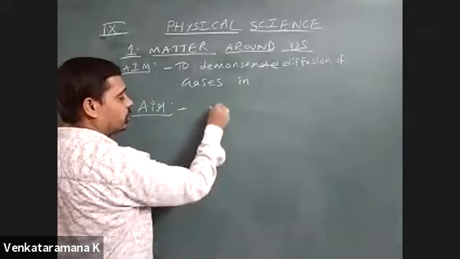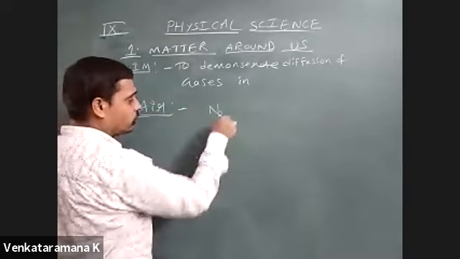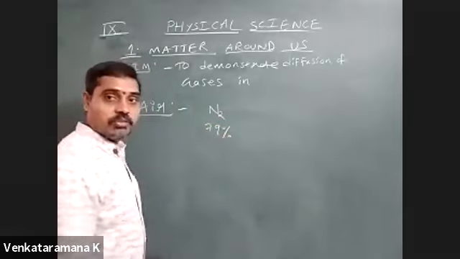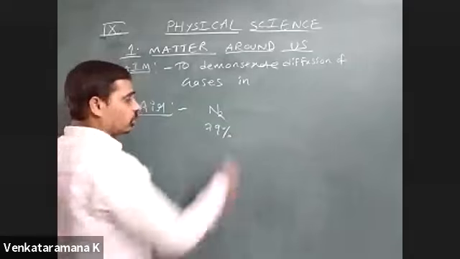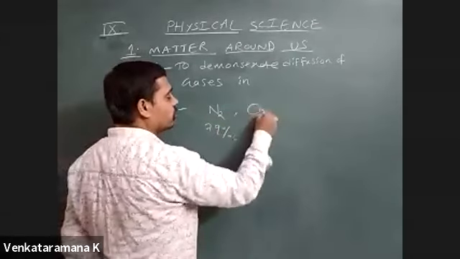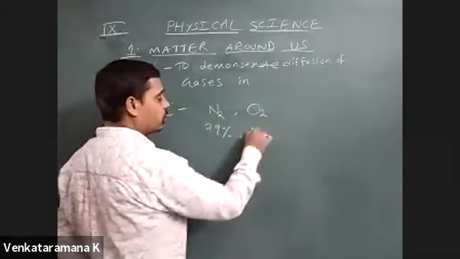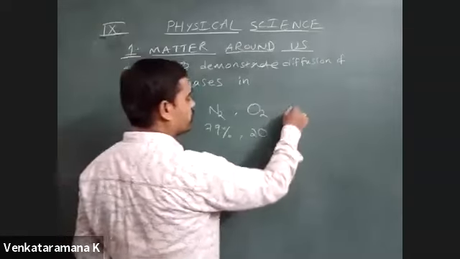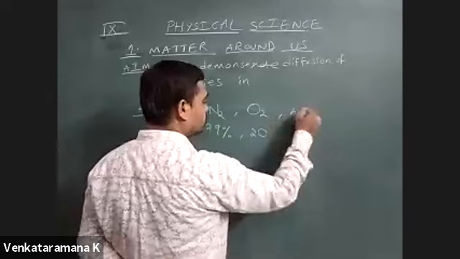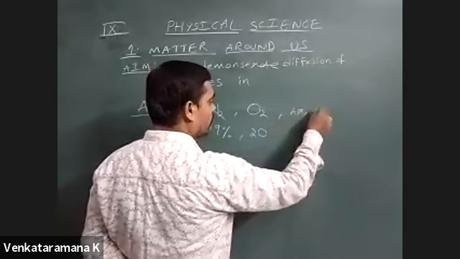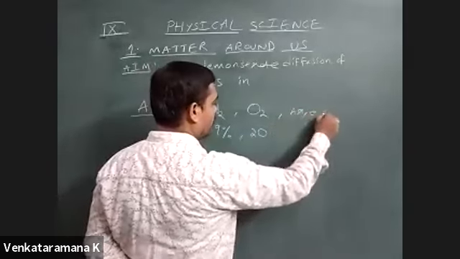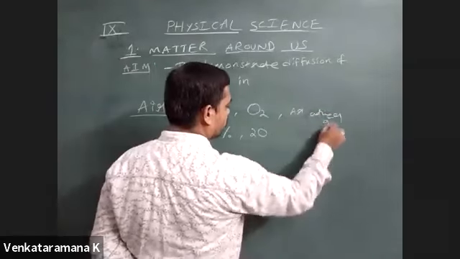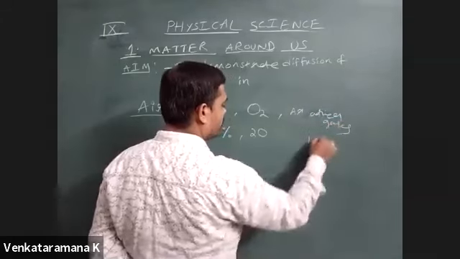we have mainly nitrogen gas, N2. Up to 79% of the air is filled with nitrogen, and oxygen's percentage will be somewhat 20%, and the remaining 1% will be argon, arsenic, etc. Other gases will be the remaining 1%.